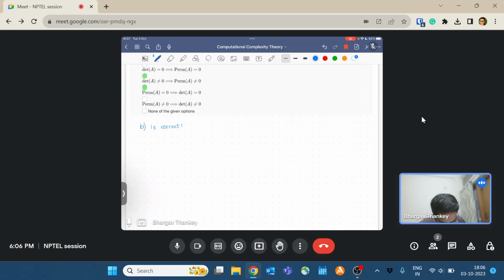So we know that the determinant of A is the sum over sigma in S_n of the sign of sigma times the product over i of a_{i, sigma(i)}. Here S_n is the set of all permutations on n elements.